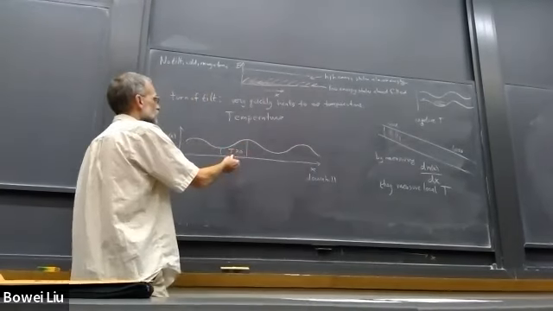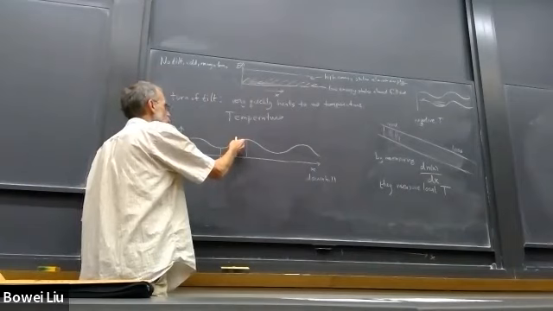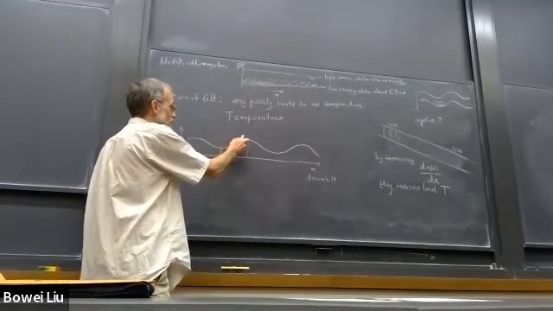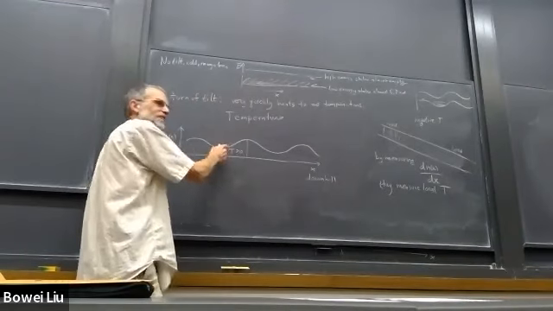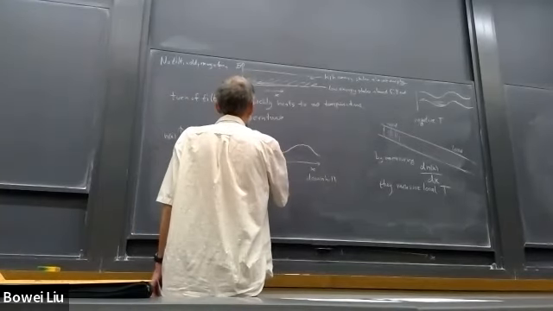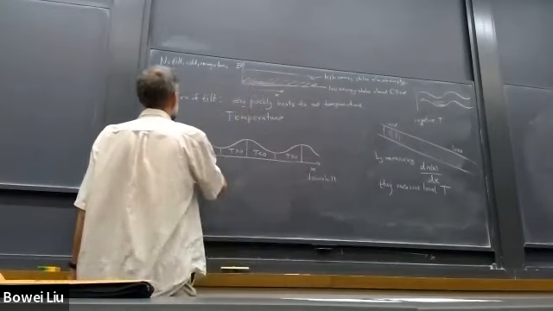When you're at positive temperature, the lower energy stuff is more probable and the higher energy stuff less probable, right? Because these are lower down the hill, so this is lower energy than this, right? So the positive temperature here, negative temperature here, positive temperature here, etc.